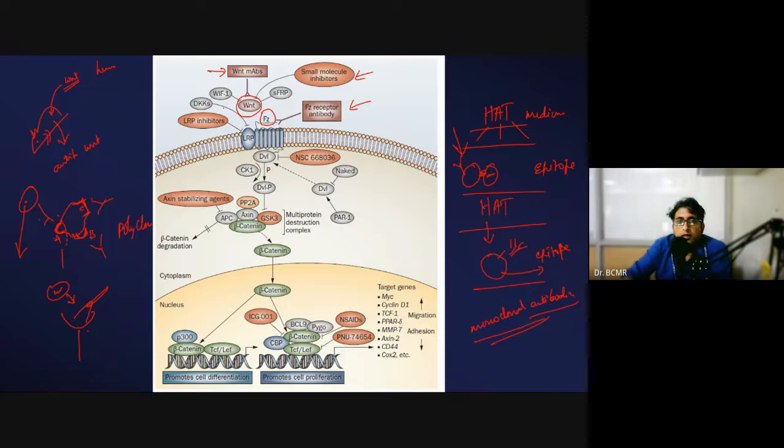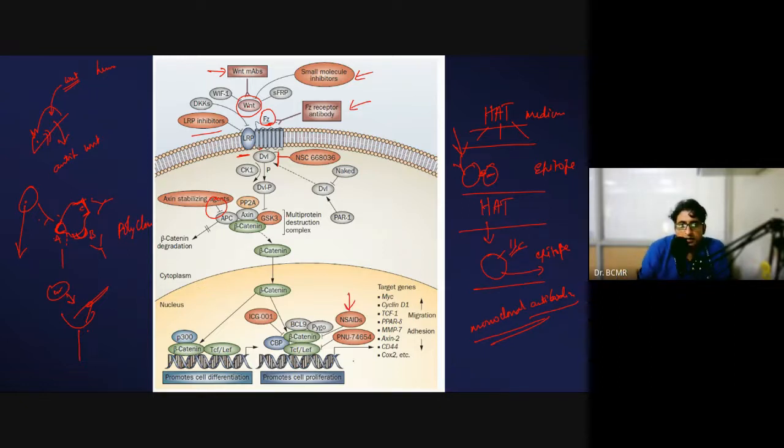Wnt is bound by two proteins, LRP and Frizzled, so we can also try to use LRP inhibitors. When you see a mark like this, that means it is inhibition. So we can try many of these compounds.